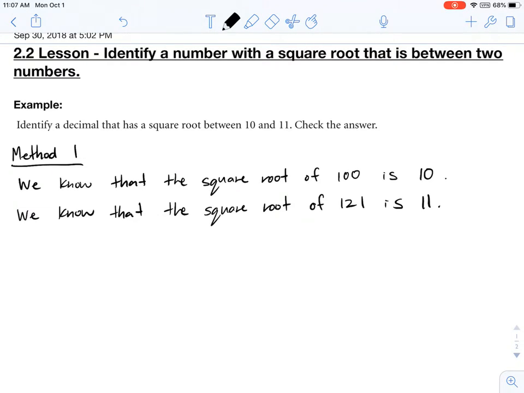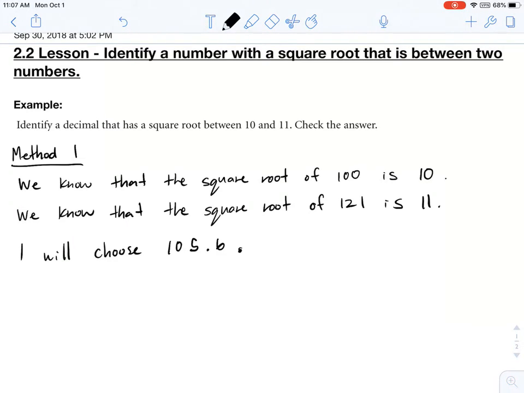So all you need to do is choose a number in between 121 and 100. I will choose 105.6. So 105.6 falls in between 100 and 121.